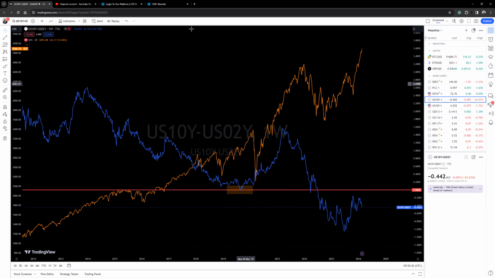The yield curve came down in 2022, 2023, and it just stayed inverted through the entire 2023. And right now, we are still not above 0%.